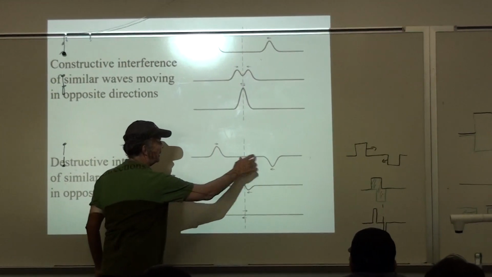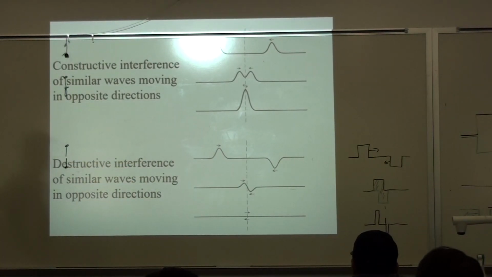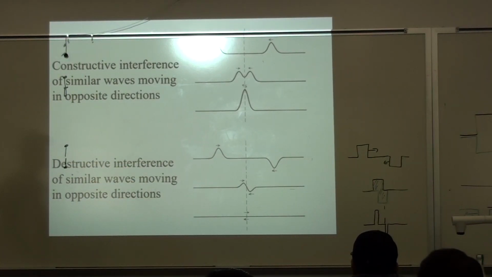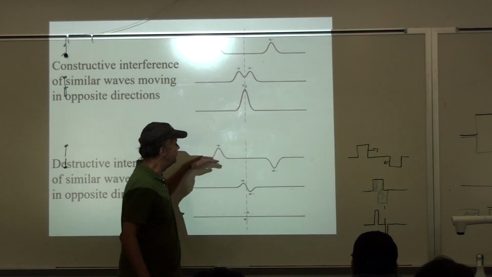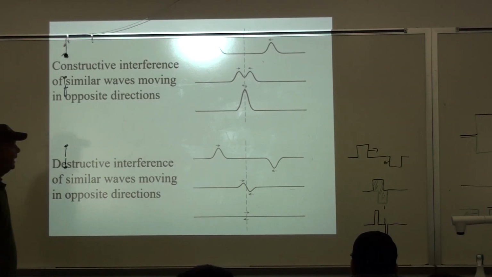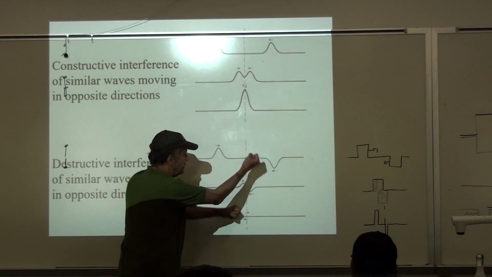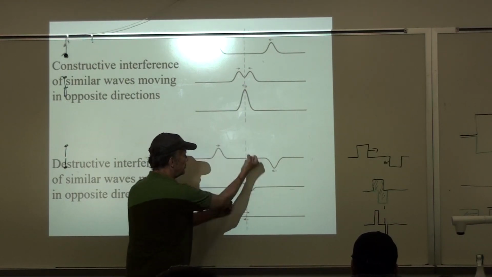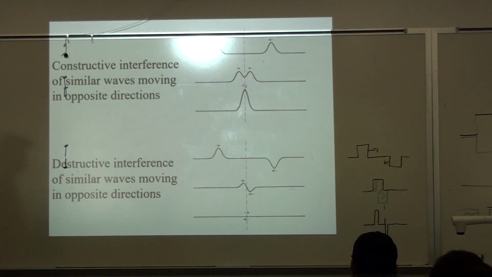Here's an example of where their amplitudes are oriented in the reverse manner to each other. So this we could think of essentially as being a phase shift of the incident wave, if this were a reflected wave. And then at this moment, it looks like the wave energy isn't there, but it's actually stored in the energy of the particles that are moving really fast to get to that point. And so the energy is still there.